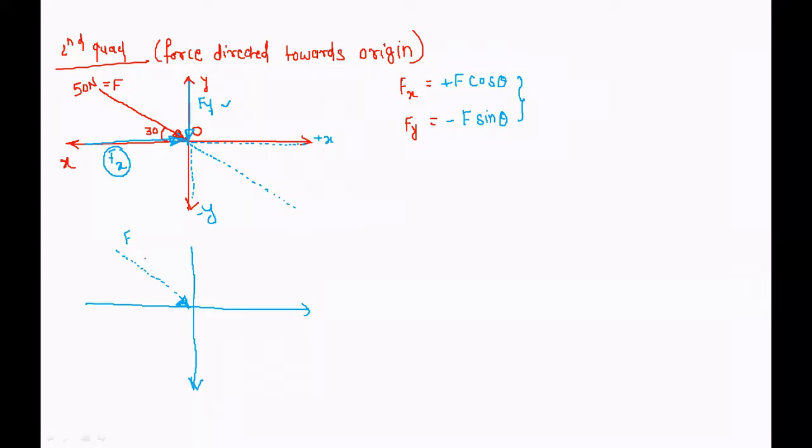So this was the original position given. If we extend this line of action like this, then we can represent the same force in the fourth quadrant, which is directed away from the origin.